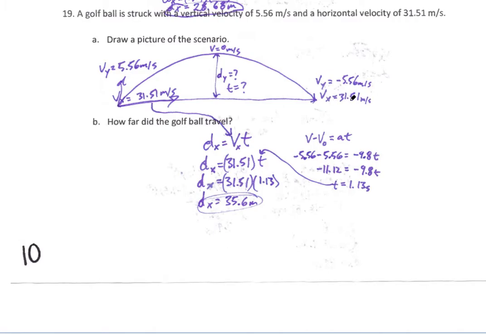So again, I know my x velocity here, no matter where it is, it's going to be the same 31.51 meters per second because it's not dependent on gravity. Whereas for the y direction, we're going to have to constantly calculate our velocity at every single one of these different locations if we wanted to know what that was, because it's going to be constantly changing, because it's going to be constantly being accelerated by negative 9.8 meters per second squared.